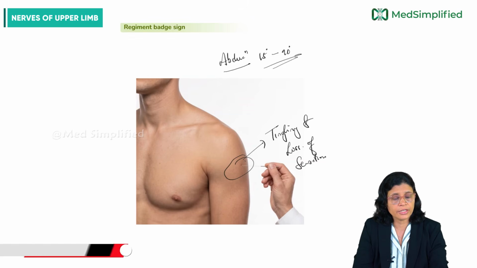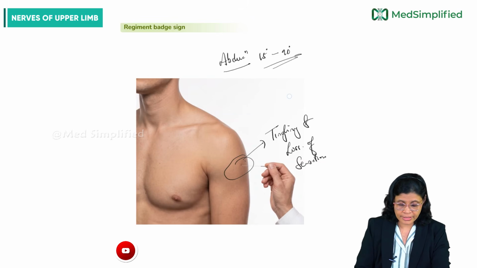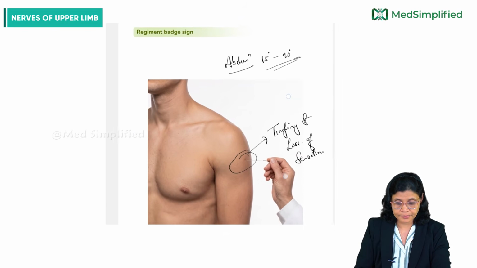The first 15 degrees is brought about by the supraspinatus. The rest of the abduction is by the deltoid, and that is lost. So these are the signs and symptoms which we see in axillary nerve injury.